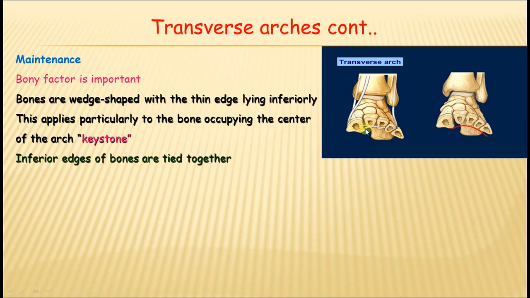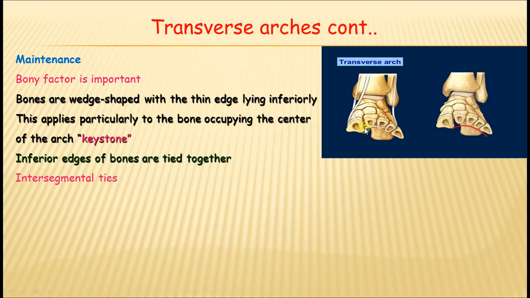The inferior edges are actually tied together by the ligaments. You all know the deep transverse metatarsal ligaments. Between the metatarsals, what originates is your interosseous muscles, mainly your dorsal interosseous. They also can act as intersegmental ties.